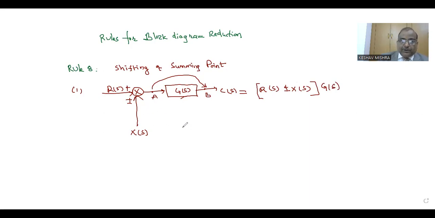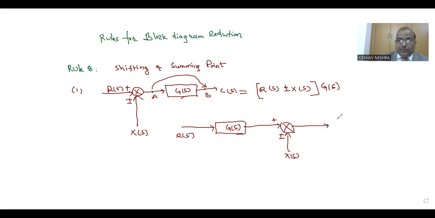Now this summing point is shifted. So this is the block diagram with transfer function G(s), and the position of the summing point is moved here. The second input to this is plus minus X(s). This is plus. The reference input is R(s).